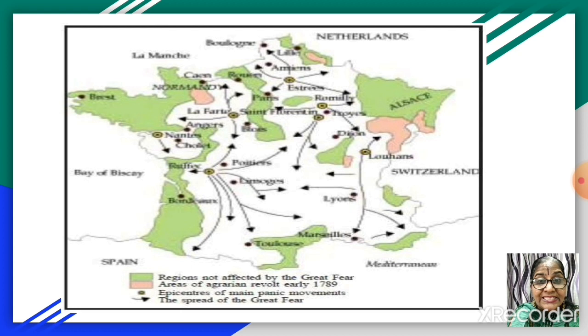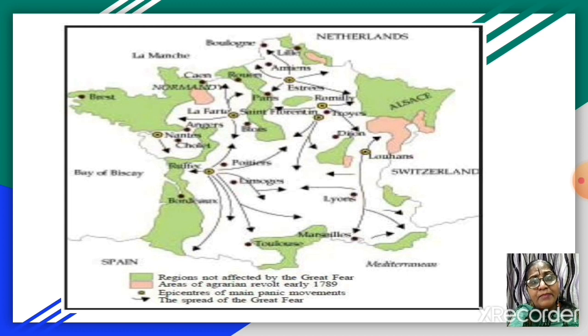And landlords were very scared. This spread in many parts of the country. In France, bands of peasants spread from one point to another. This is what this map tells us.